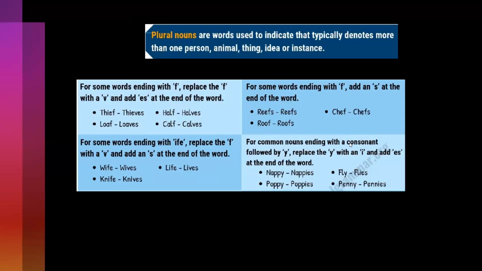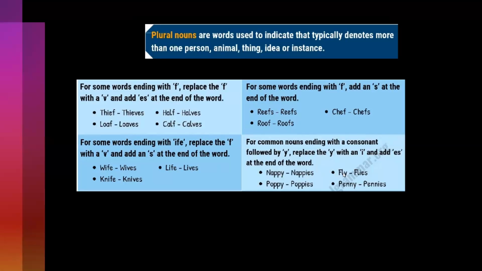For common nouns ending with a consonant plus Y, we change the Y by I and we add ES if the Y is preceded by a consonant. For example, nappy, nappies.